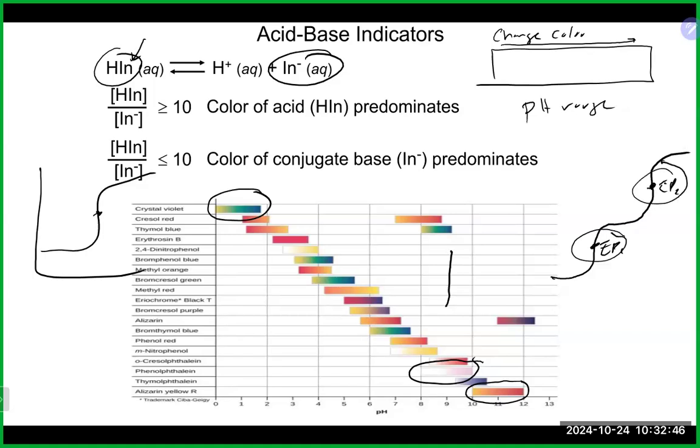So depending on which one you might want to stop at, you might want to choose one indicator versus the other. Although I have seen people choose 2 indicators in the same titration, one for the first one and one for the second. But usually, if you already changed color on the first one, by the time the second one changes, it's not going to be the color you think it's going to be. It's going to be a mixture of it all. So it kind of becomes a blur of color. Any questions on that there?